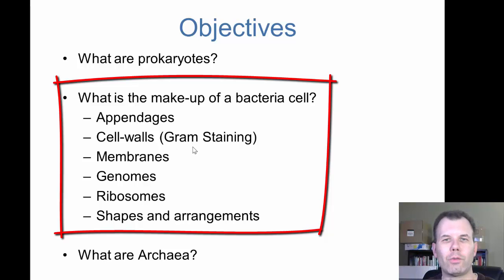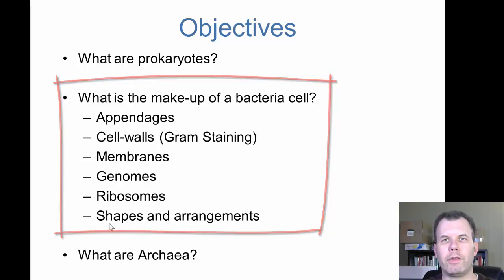And so today is really a good lecture. If the only thing you get out of it is what gram positive and gram negative are, I've done my job, because you will understand the difference between the two and why it's so important. We'll also look at the membranes, take a few minutes to talk about them, look at the genomes of the bacteria, ribosomes, and then finally finish up with the shapes and arrangements of the cells.